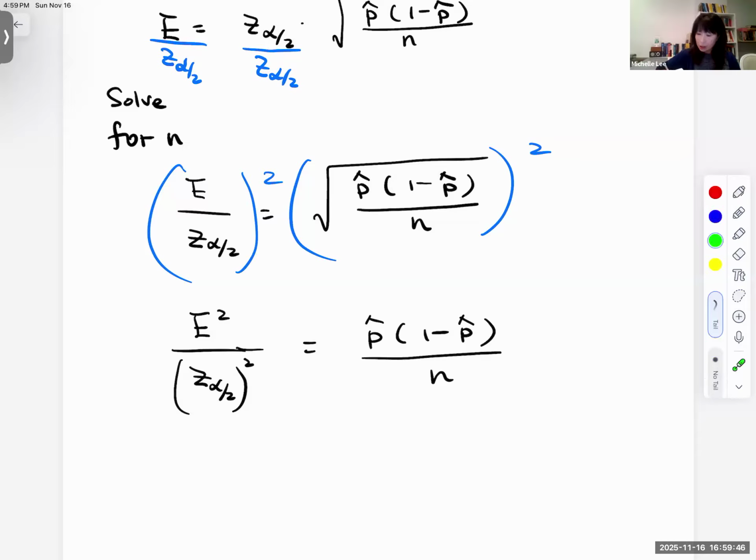Okay, n is here, and we want to solve for n. So we have two fractions, so we can multiply this way. I learned from my previous students, they called it the butterfly method. So we multiply this way.